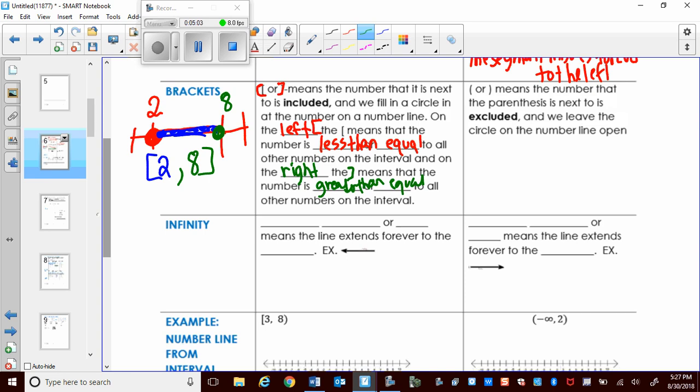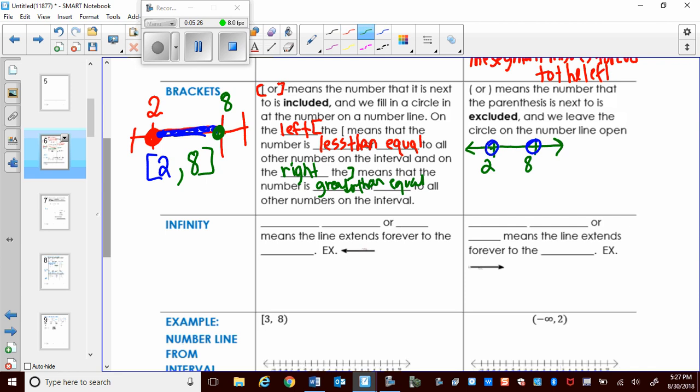The parenthesis means that the number it's next to is excluded. We exclude these numbers. So if we had a graph, same numbers, here's 2, here's 8, we wouldn't fill in those holes. It would be a circle at 2, circle at 8.